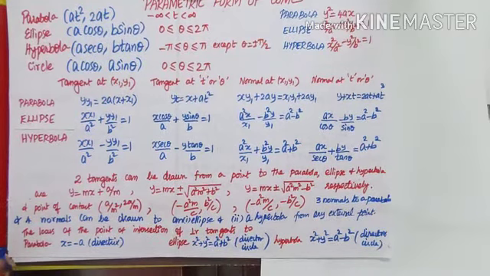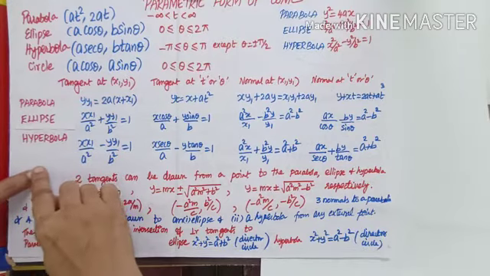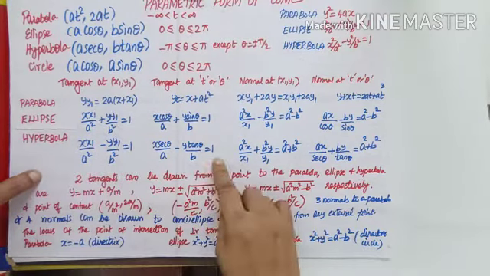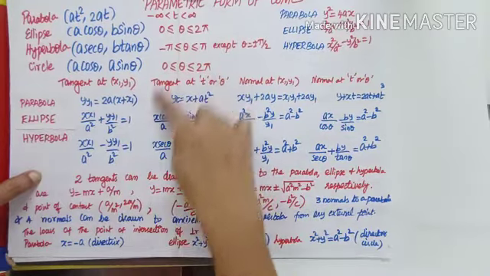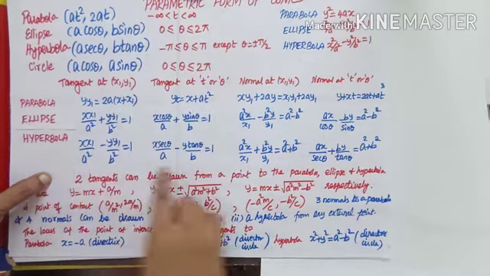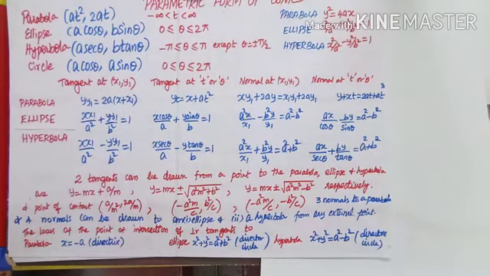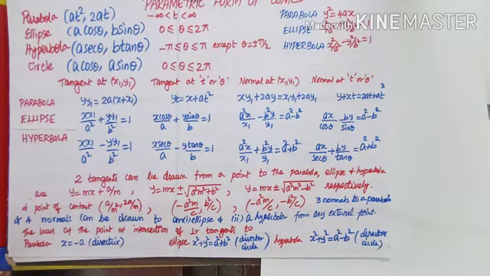Now, for any curve, from a point outside the curve, I can draw two tangents. The curve is like this or like this or like this. From a point outside, I can draw two tangents. Remember, but when I come to normals, it differs.